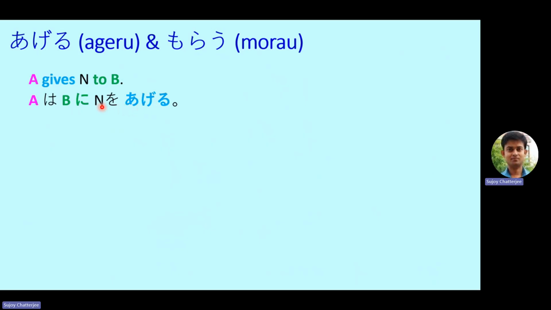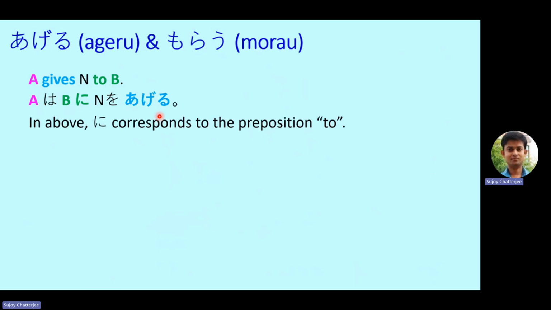So here this portion may not also be there. If it is simply A gives to B, then it will be A wa B ni ageru. Then this N and o will not be present here. What does that mean? This means the ni particle is used to express this "to" here.